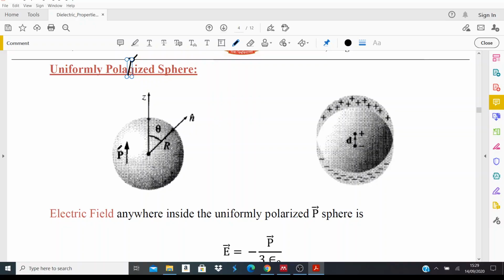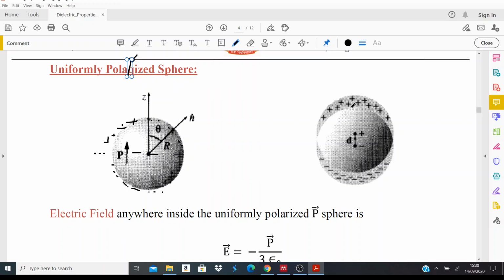The idea is that let's say we have some sphere of radius r, and say this is the direction of z, and we are saying that the sphere is uniformly polarized. It means we have some positive charges on the surface and some negative charges on this surface, right? And the charge distribution is uniform. That's why it's a uniformly polarized sphere.